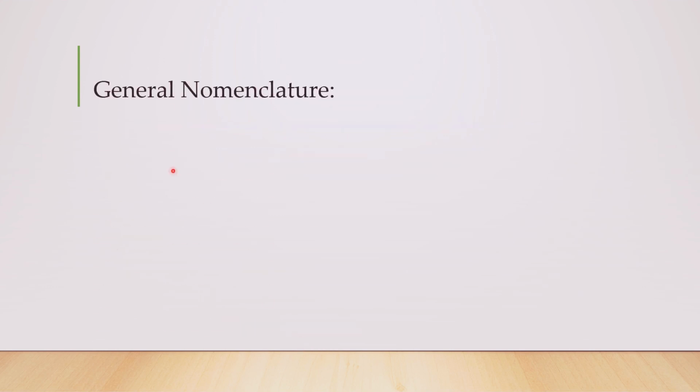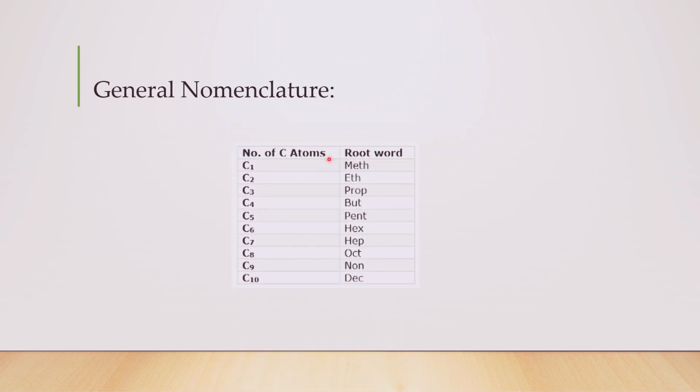And now we are going to see the general nomenclature for naming a compound. See this, it is based on the number of carbons, and the root word is given. The first one, C1: if there is only one carbon, the root word is meth. If two carbons are present, the root word is eth. If three carbons, the root word is prop.